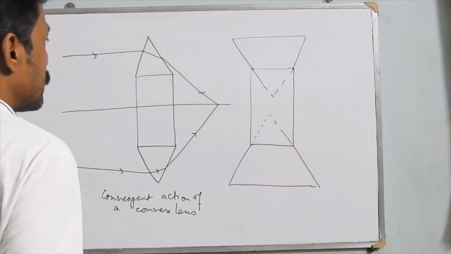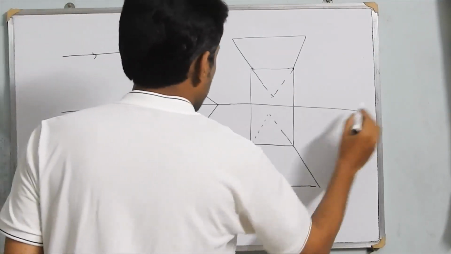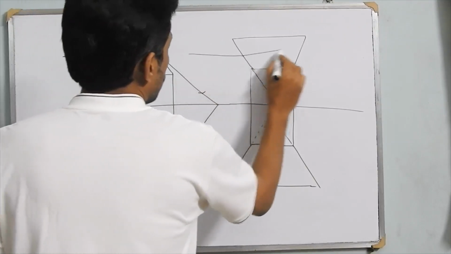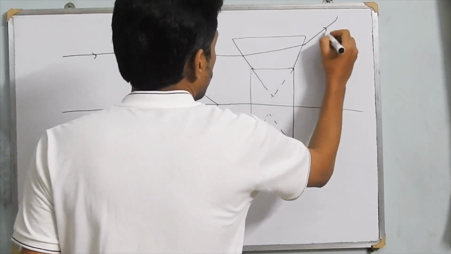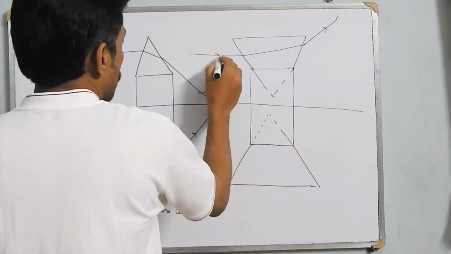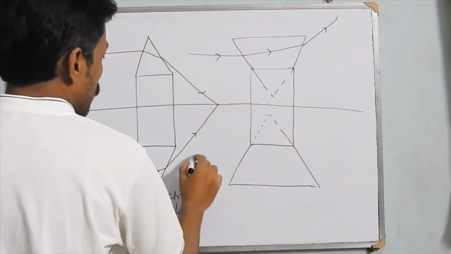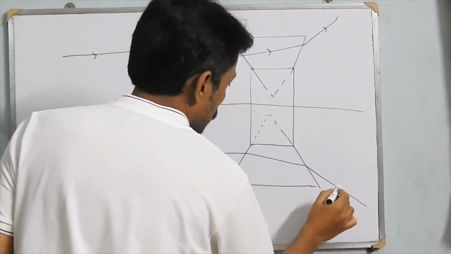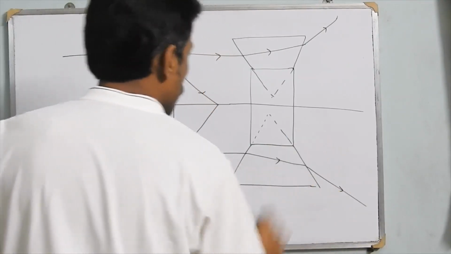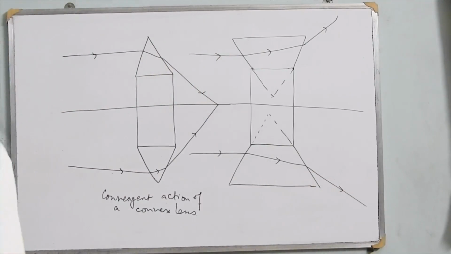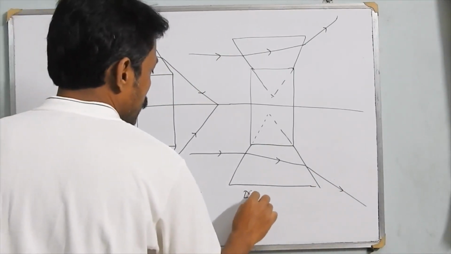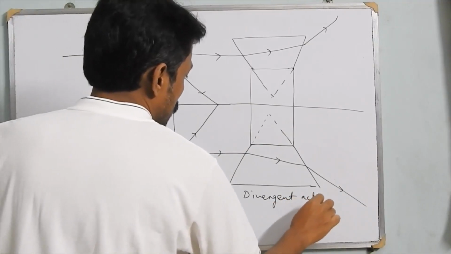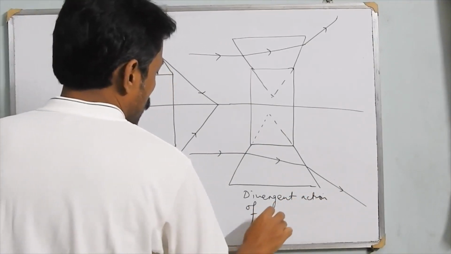So suppose a ray of light is incident, then this ray of light will bend here and bend again, and move away from the principal axis. Similarly, if a ray of light is incident in this manner, it will bend and then again bend and move away from the principal axis. So this is actually the divergent action of the concave lens.